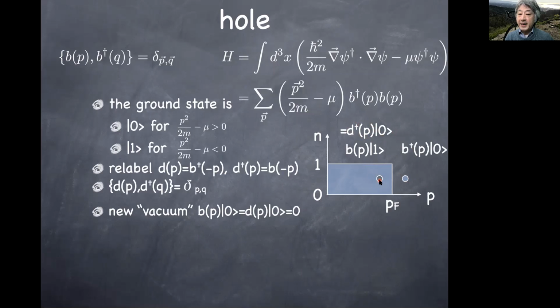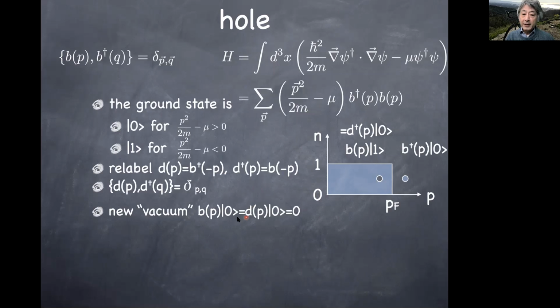So exciting the system by moving one electron from below the Fermi surface to above it is now understood as a creation of a hole and particle. It's a pair creation. And that's the way you can now describe the excitation of the system.